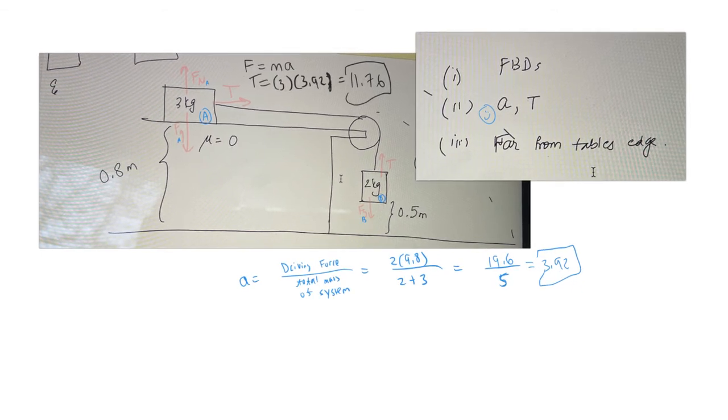Let's see. How far does it go from the table's edge? Okay, so there's this dotted line where I guess this thing flies off the table, because this goes down and flies off the table.